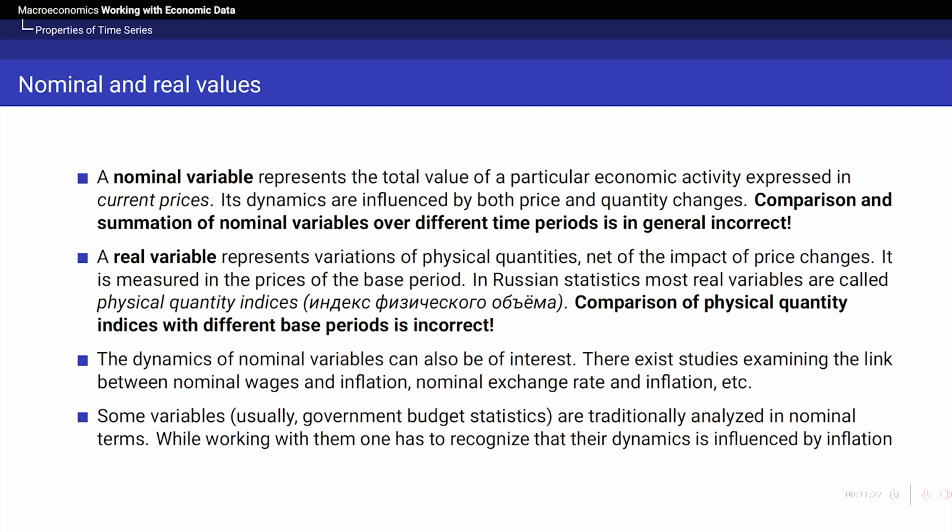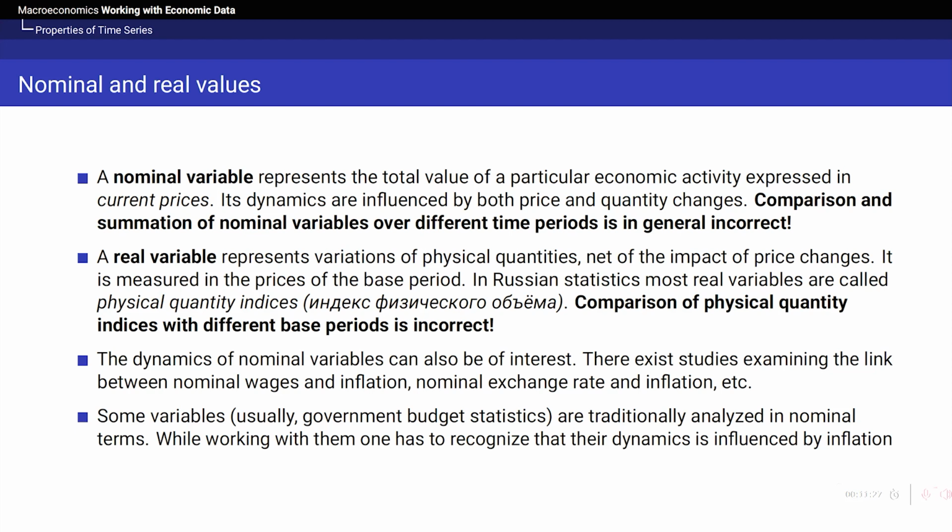What is more, it is very common for statistical agencies to change base periods from time to time. That is why it is always necessary to check whether variables are expressed in the same prices before proceeding to analyze them. For example, the comparison of GDP values expressed in 2011 and 2021 rubles is obviously meaningless.